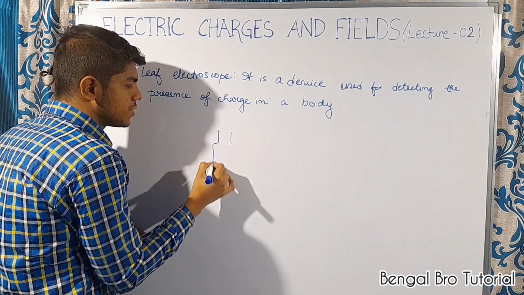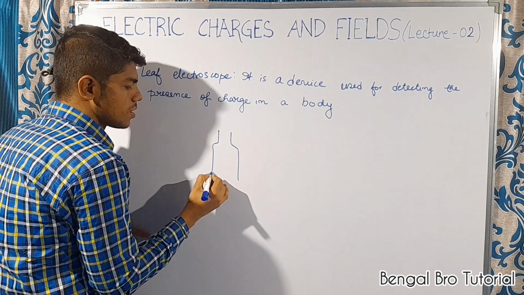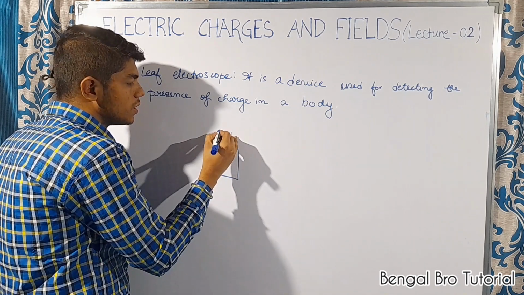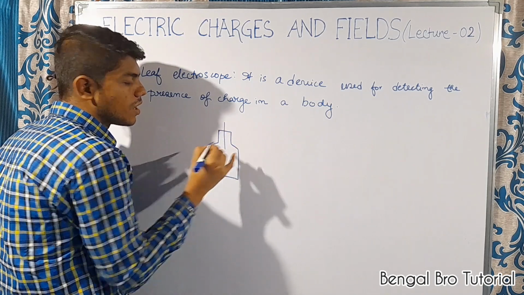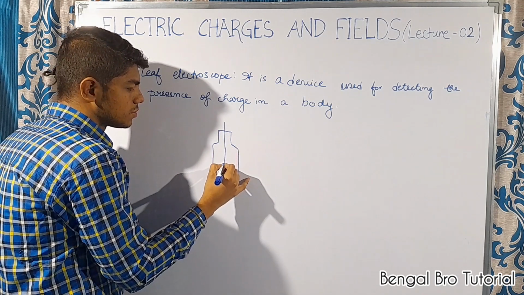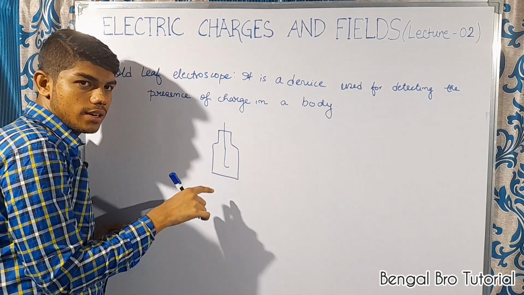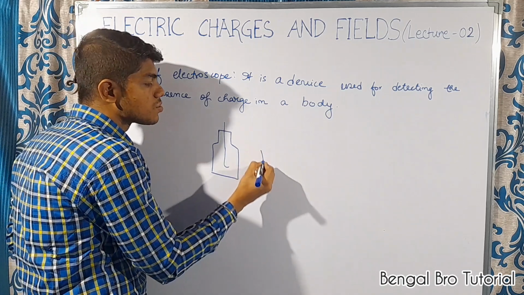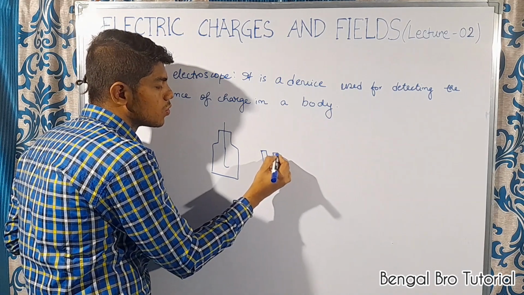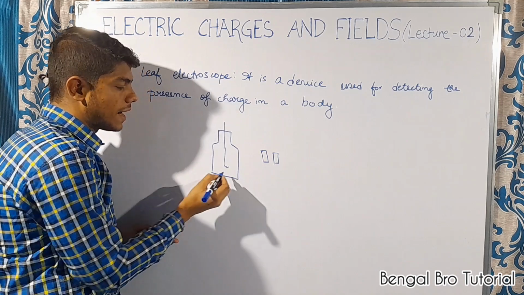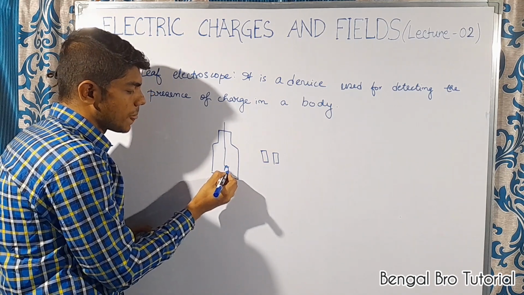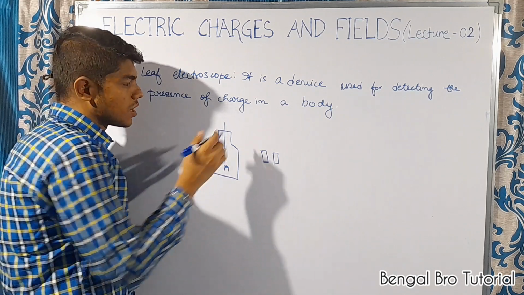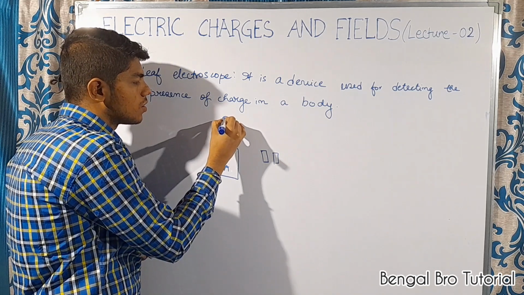Say you have a glass vessel. What you have to do is attach a vertical rod in the mouth of this glass vessel with a rubber stopper, and at the lower end hang two gold leaves, means strips of gold. At the lower end attach them, and at the upper end make a knob like structure by coiling this rod.